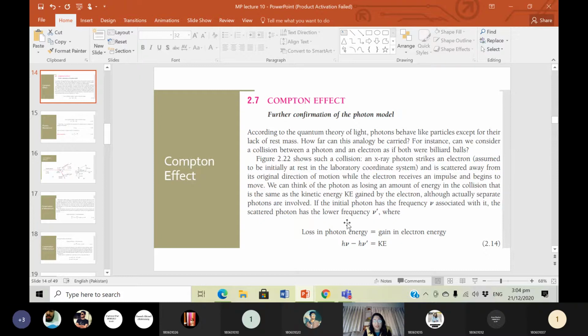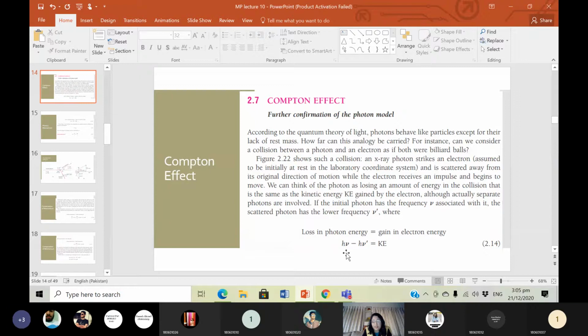So we can think of the photon as losing an amount of energy in the collision. The condition we will start with is that the loss in the photon energy is equal to the gain in the electron energy.